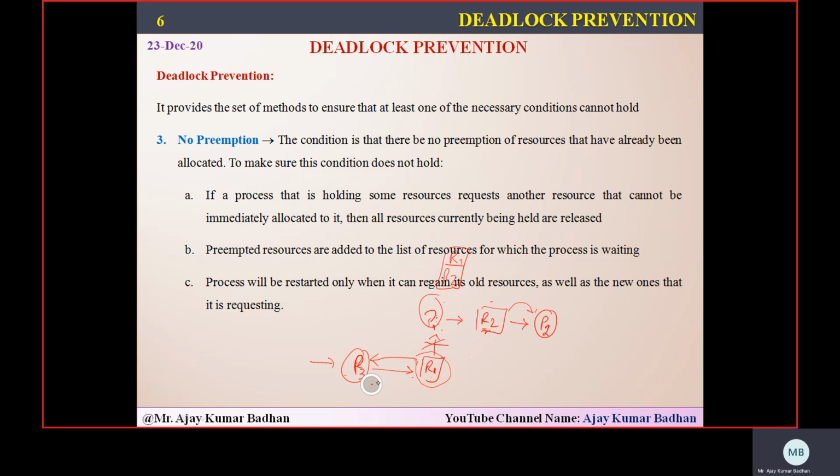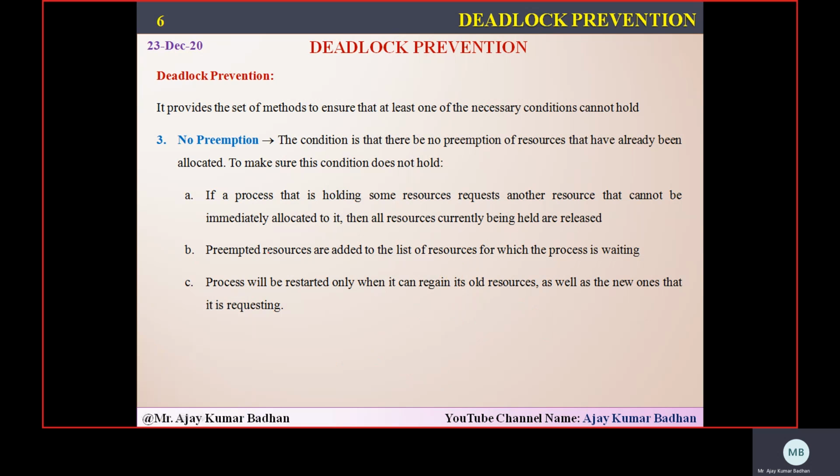Once P3 has completed, and P2 has also completed, both of them release R1 and R2. This process requires both resources, so R1 and R2 will be allocated to it and it will start performing the operation. Once it's completed, it will release R1 and R2. This is what the protocol describes in this scenario.